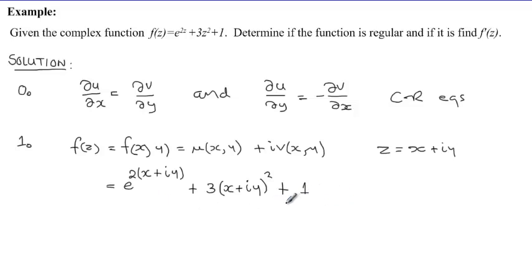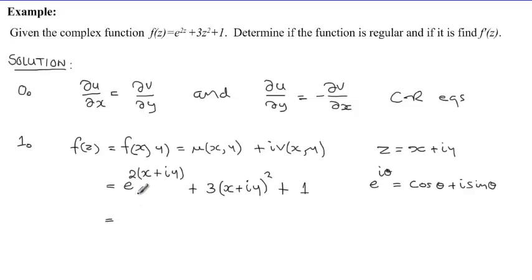Now we need to simplify this and separate the real part and the imaginary part on their own. At this stage, we also need to remember this identity, which says e to the power i theta, where theta is an angle in radians, is equal to cos theta plus i sine theta. We are going to use this when we apply the rules of exponents here and have e to the power 2iy.